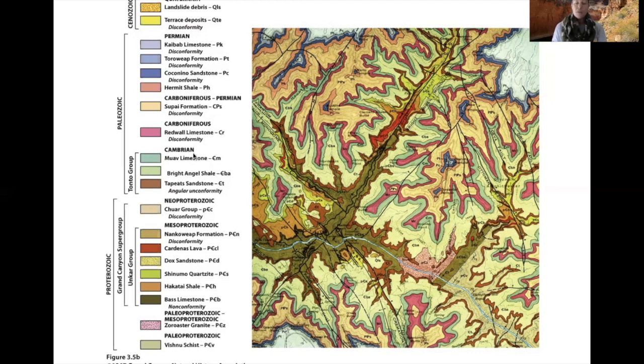Just below it, older, in the Cambrian, is the Muav Limestone, and that symbol is a C with a line through it and a little M. The C with a line through it is the symbol we use for Cambrian, because we can't have more than one C, that would be confusing. And the little M is for Muav.